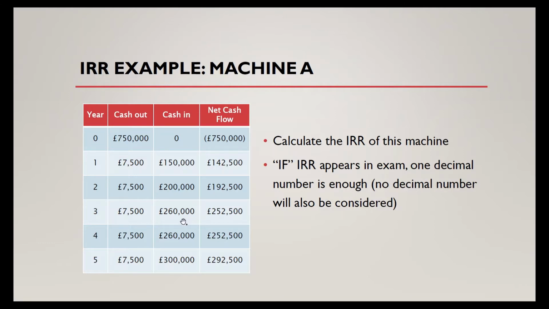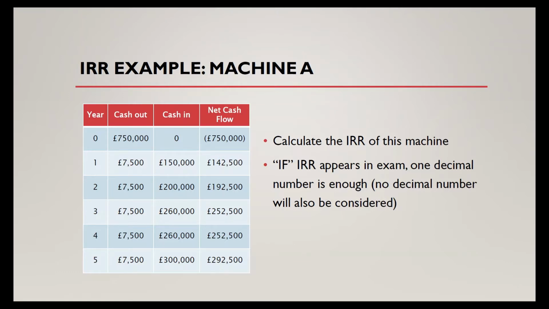In year 3, it will be $260,000 minus $7,500. This leaves us $252.5 thousand for year 3 and year 4. And for year 5, the revenue is $300,000 minus the expenses of $7,500.